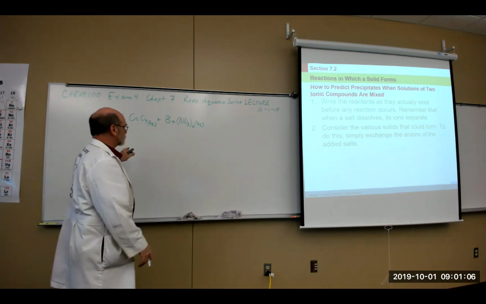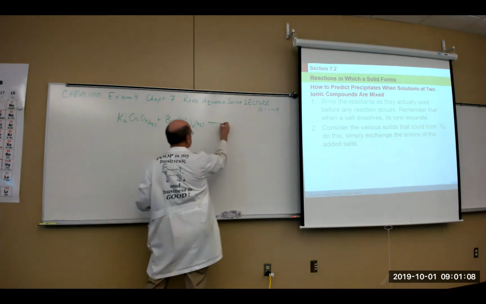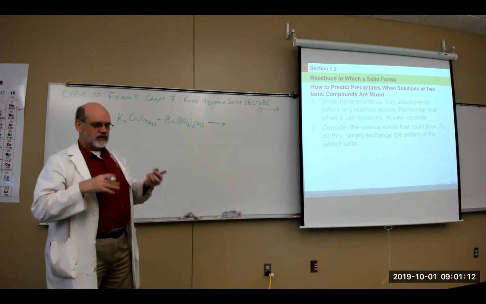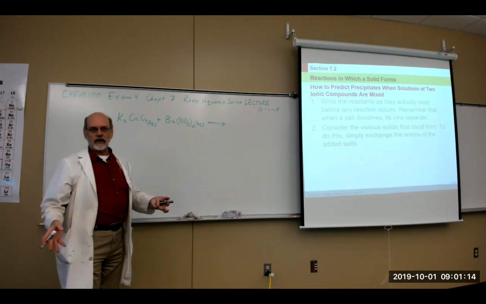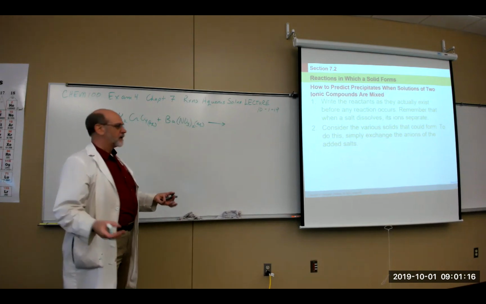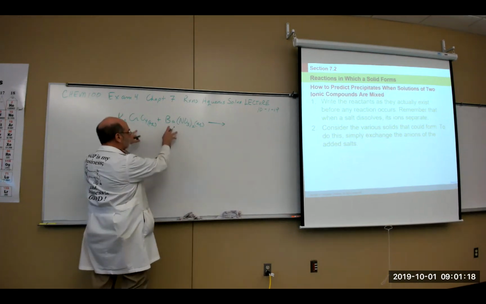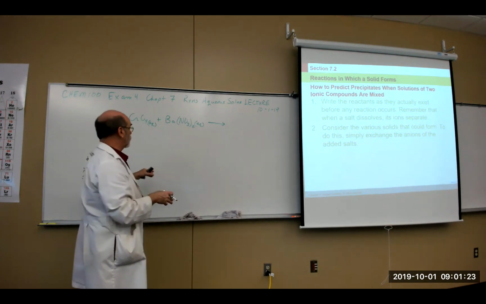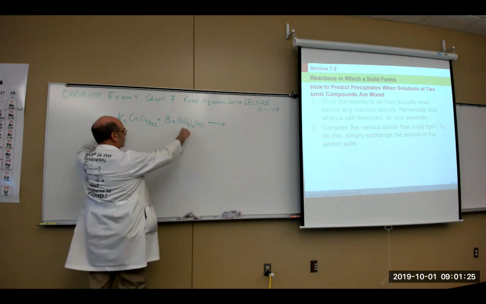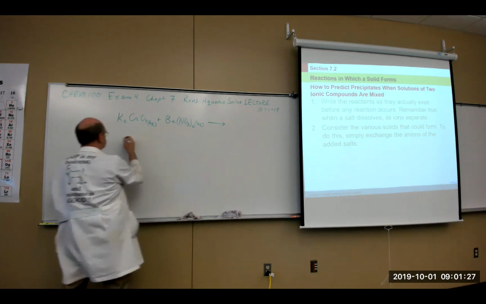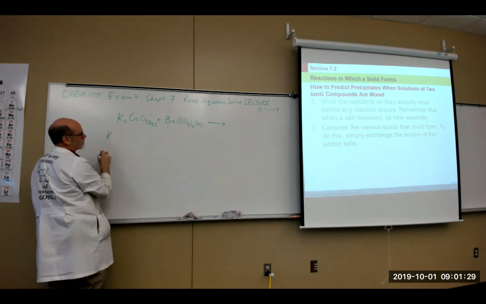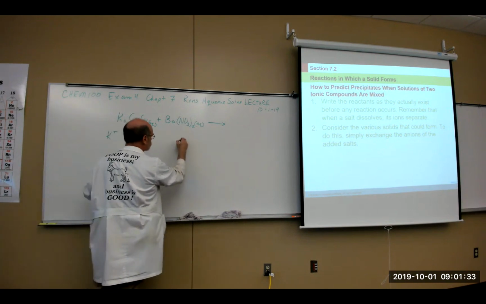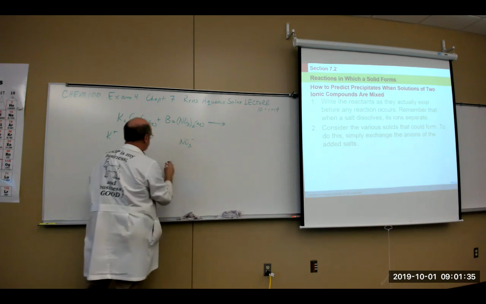That's the rule that applies. These go into solution, and then how do you know what the reaction is? In most cases, you have to be told what the products are in a reaction. But in the case where you have a double replacement like this, you can predict what products will form. Potassium is now available to interact with nitrates, right?